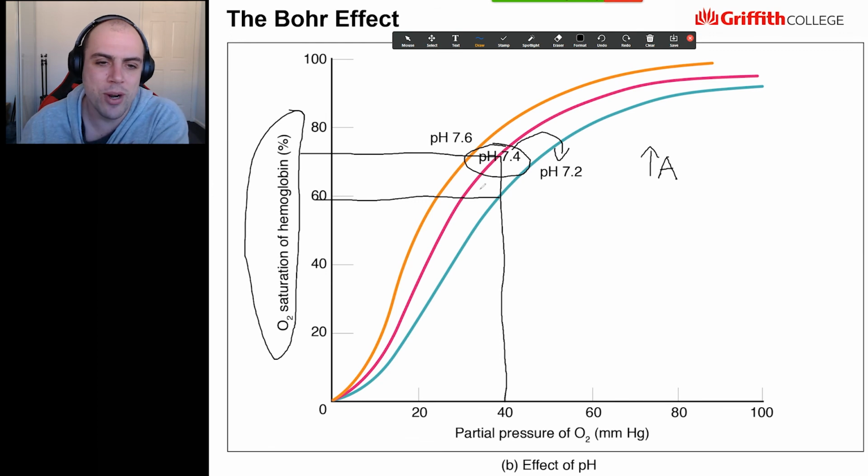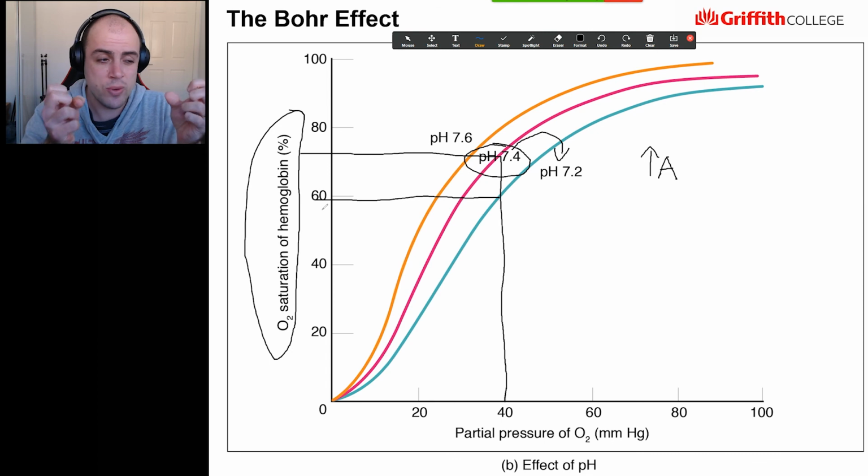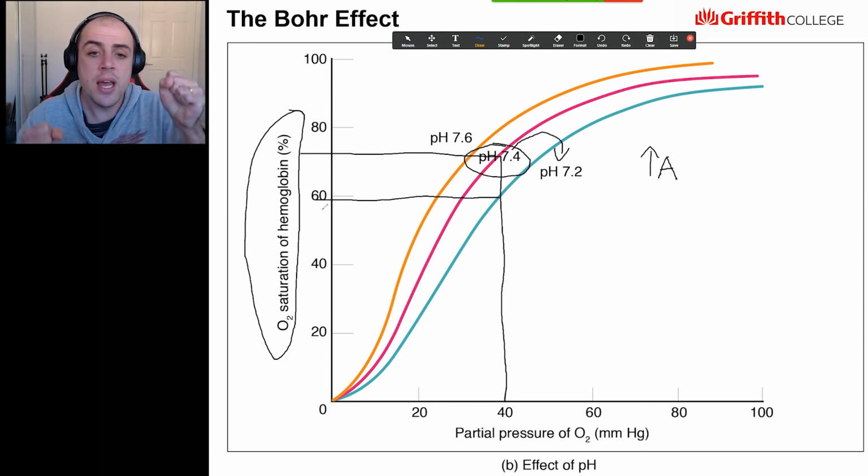So as we get more acidic, the binding affinity, or how badly hemoglobin wants to grab onto oxygen molecules, is going to decrease, which means we're going to get an increase in oxygen delivery to our tissues.